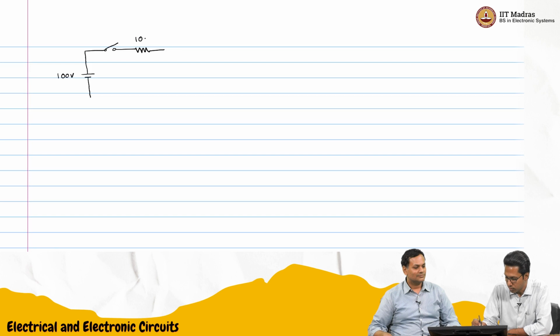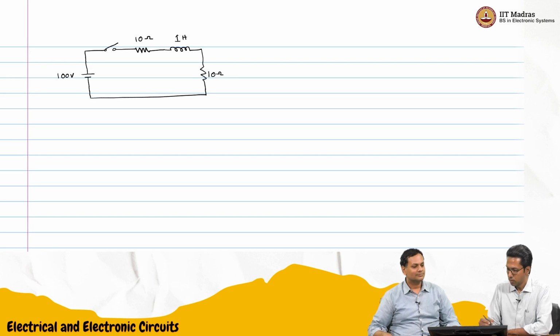This is going to a 10 ohm resistor and an inductor of 1 Henry. Then again a 10 ohm. So this is 1 RL. That I think we have done.